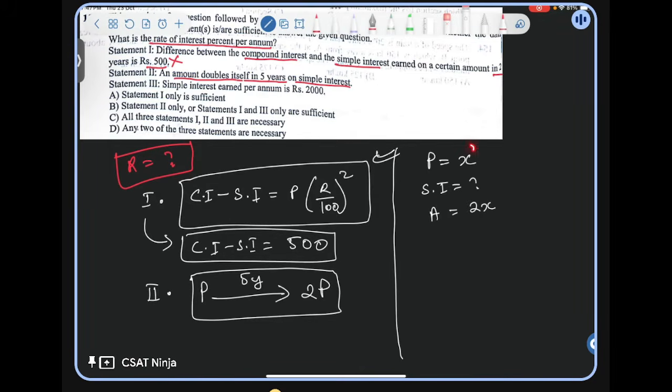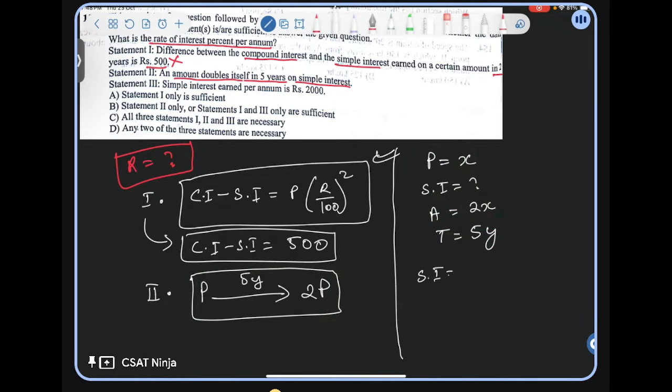You are lending out X rupees and getting double of that value in 5 years. So the principal was X and it becomes double of that. That means the amount, together with the simple interest, everything, we are getting in 5 years.